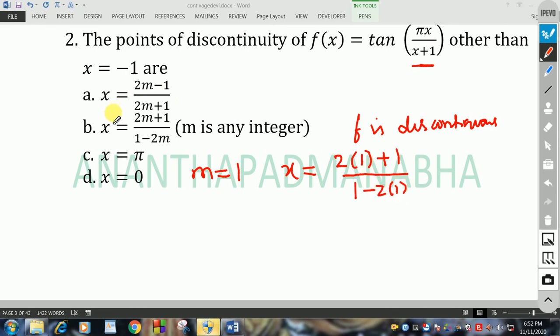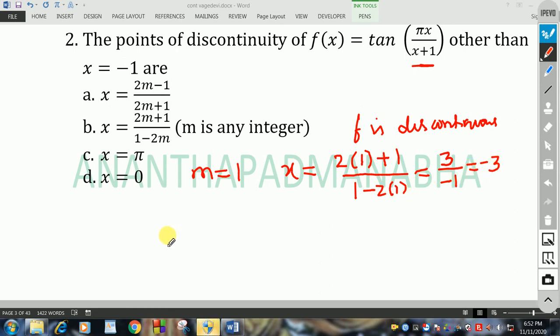So you can observe here, x is equal to 2m plus 1 by 1 minus 2m. I am putting m is equal to 1 here. So therefore we get x is equal to 2 into 1 plus 1 is 3 divided by minus 1, which is equal to minus 3.